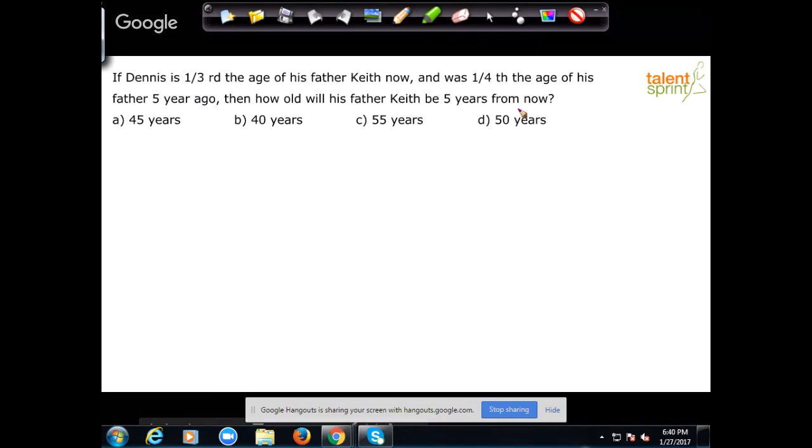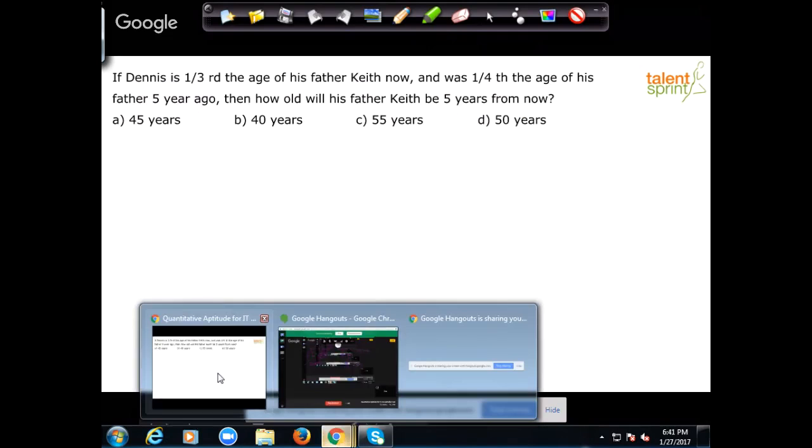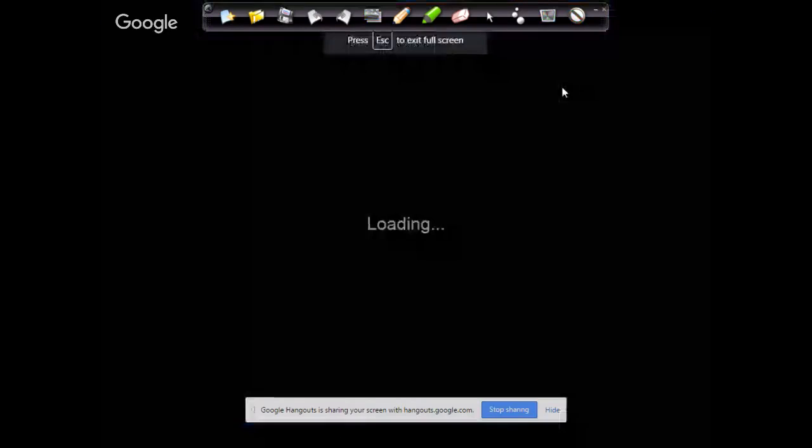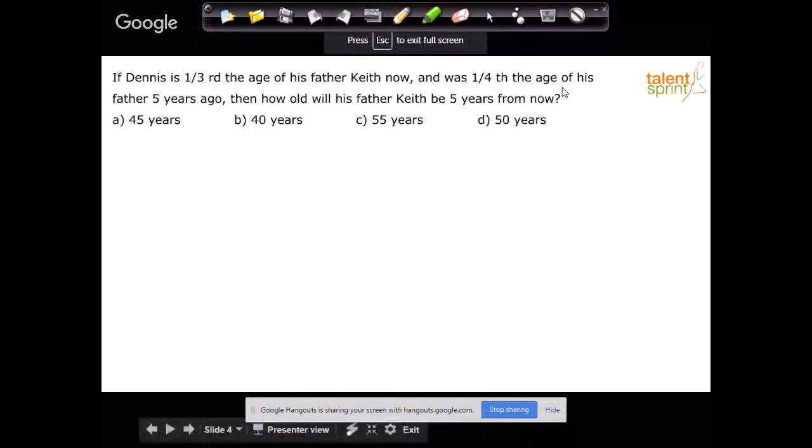Try this out. Very interesting question. I'm sure most of you will be able to crack this. You have just about 45 seconds for this one. Let us see how many of you get the answer.